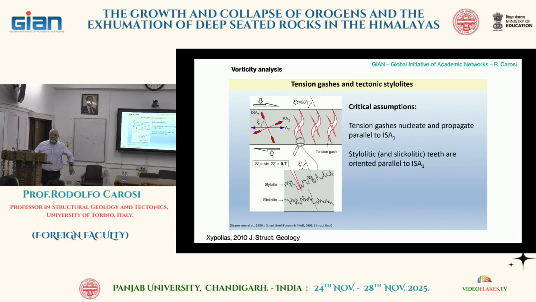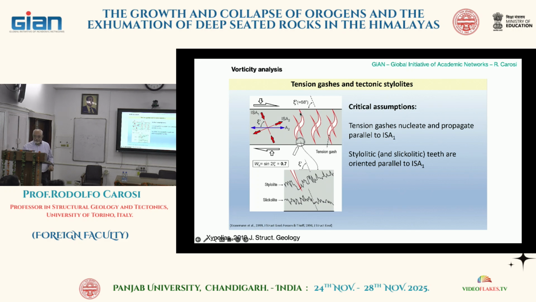So after all these complex things, we can start to take a look at the method to calculate this vorticity analysis. This is nice, it has been developed by Grasemann, an Austrian geologist who worked a lot in this part of the Himalayas.